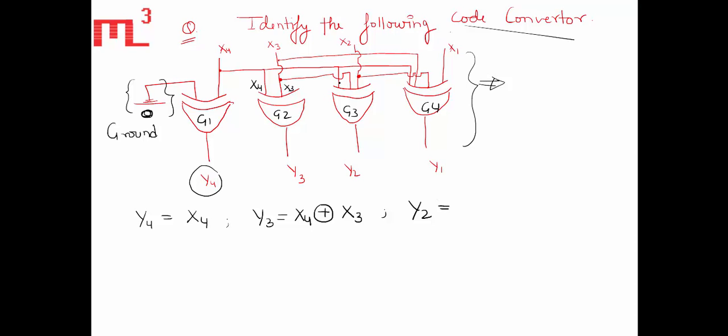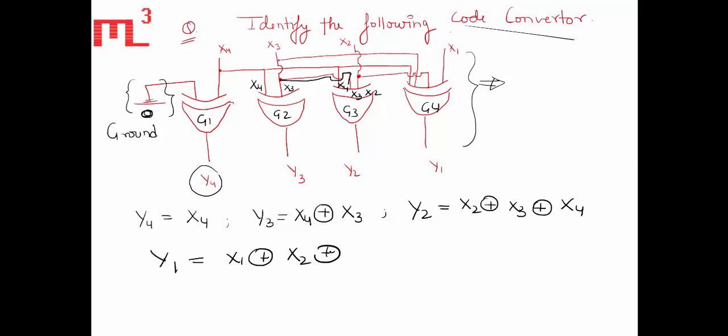One is coming this way, which is nothing but X4. The second one is coming this way, which is nothing but X3. And X2 is coming from external input. So X2 XOR X3 XOR X4, this is your Y2. On a similar note, Y1 is given as X1 XOR X2 XOR X3 XOR X4. So these are your four equations.